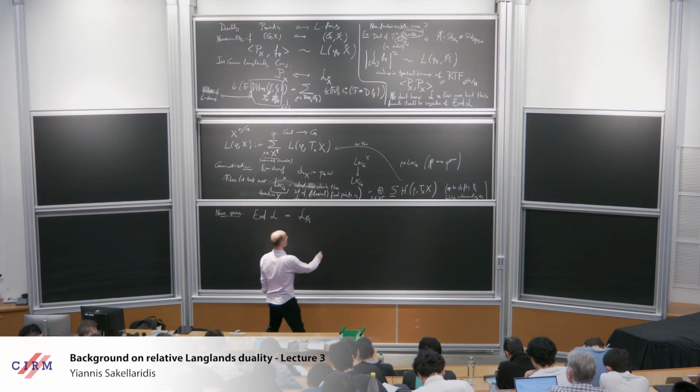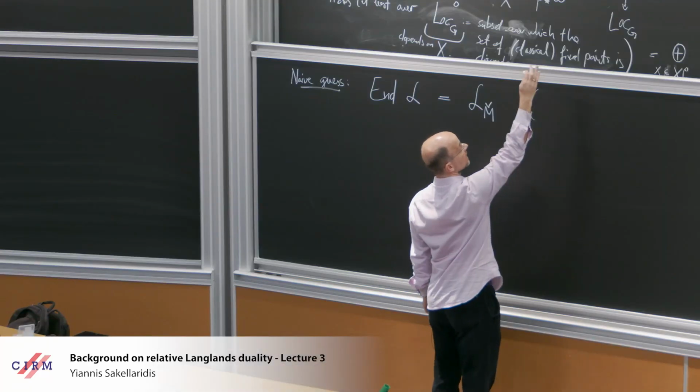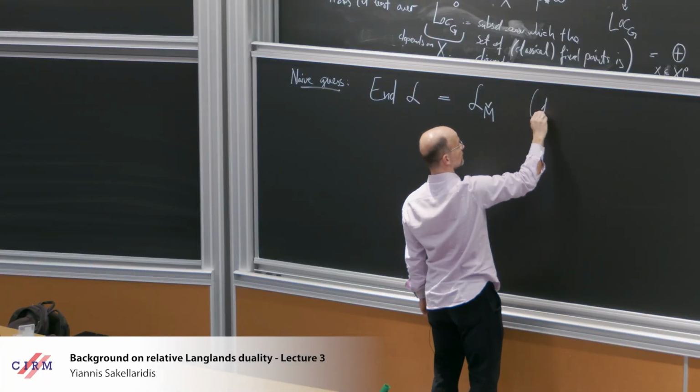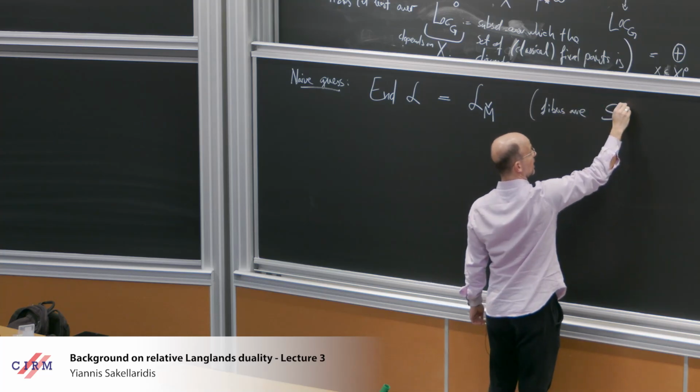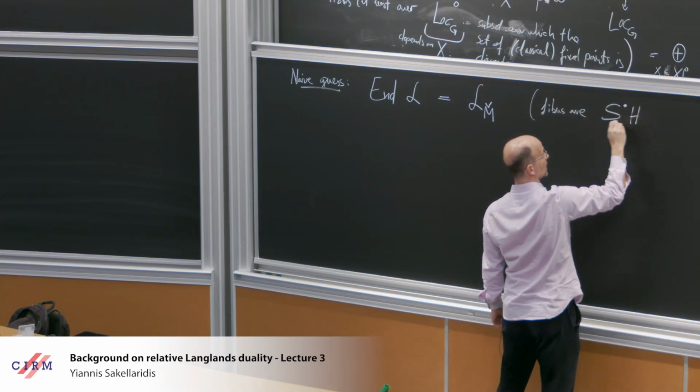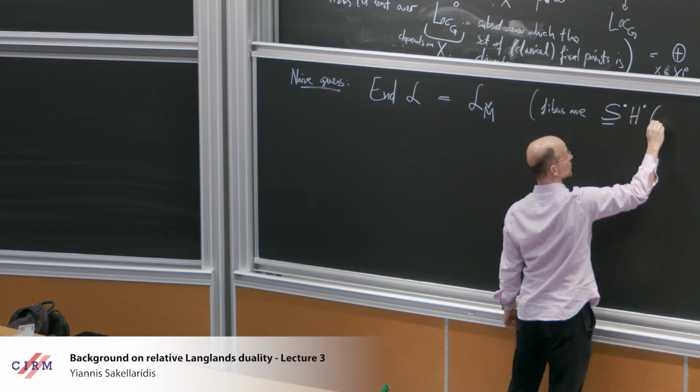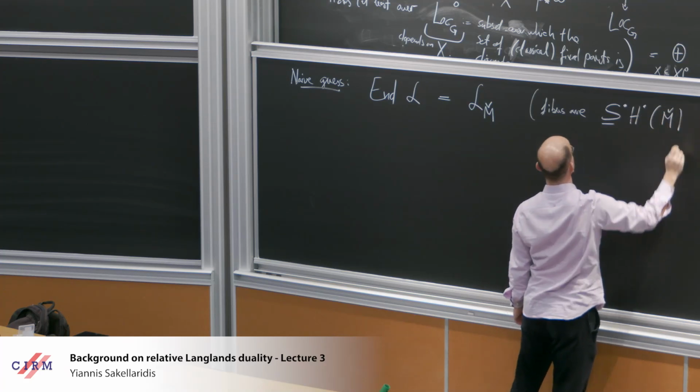Okay, so the fibers of this, and in this case M check is just a vector space, are symmetric powers, graded symmetric powers of the cohomology of M check.